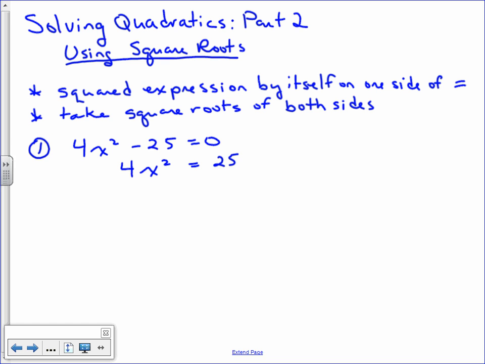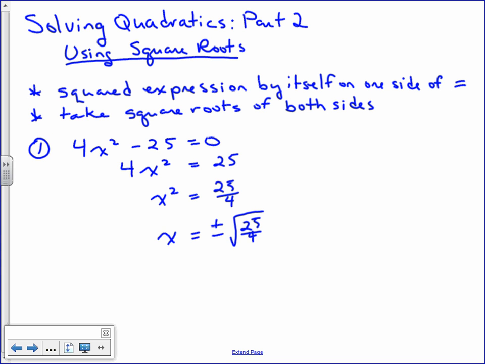I can then divide both sides by 4 and have x squared equals 25 over 4. Now I have a perfect square on the left, so I can take the square root of both sides and say that x is equal to the positive or negative square root of 25 fourths.